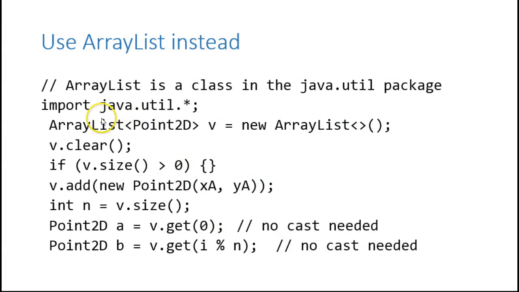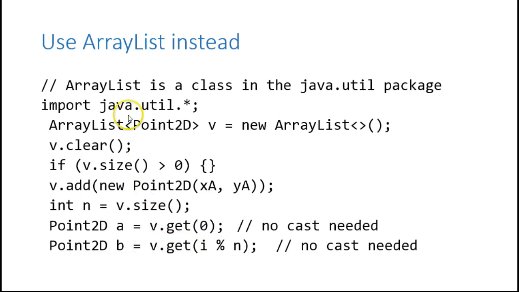So if we look here, this is how we initialize it, and we'll talk about this angle bracket stuff in a minute. We say clear, and we still use size, and we use add instead of add element, and we don't have to cast for this one.